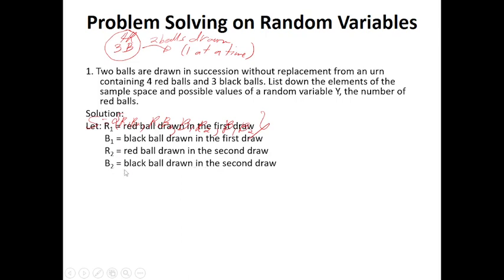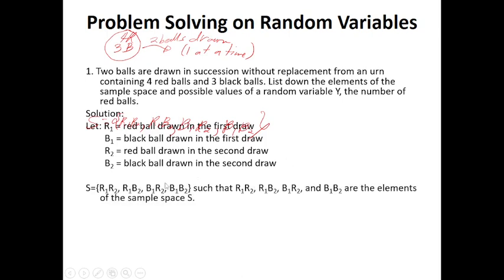B2, black ball drawn in the second draw. So this is it. S equals R1 R2, R1 B2, B1 R2, B1 B2.